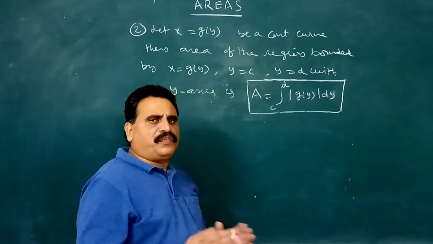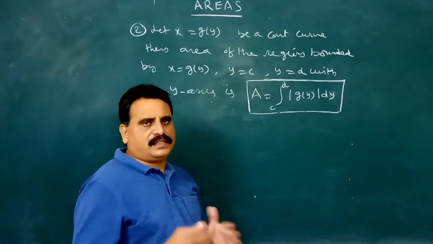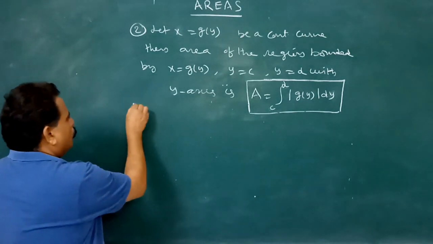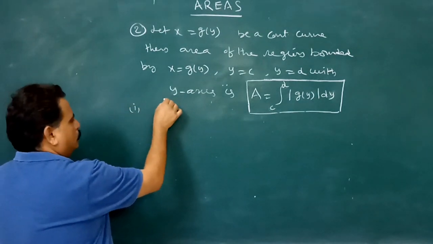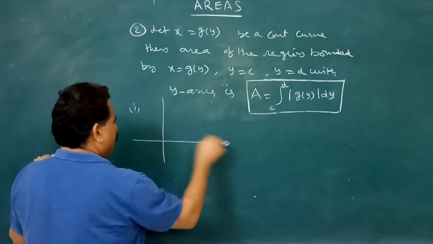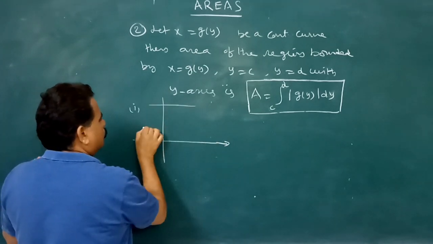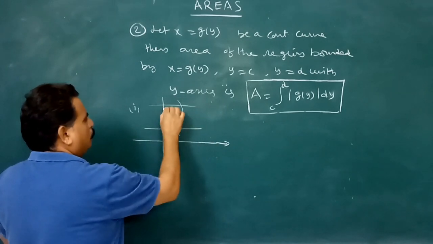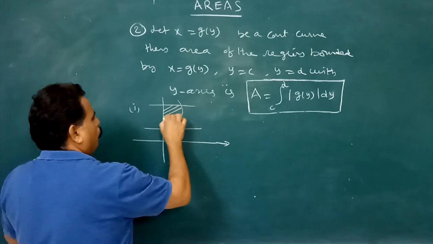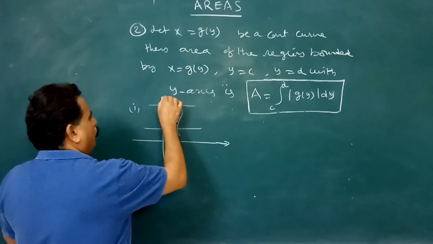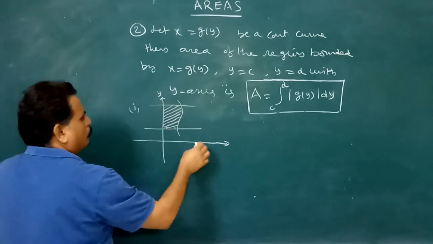So in this also different cases arise. For example, the curve to the right of the y-axis. These are the horizontal lines, y equal to c and y equal to d. It is the curve x equal to g of y, the region bounded by the curve and the y-axis between the horizontal lines.